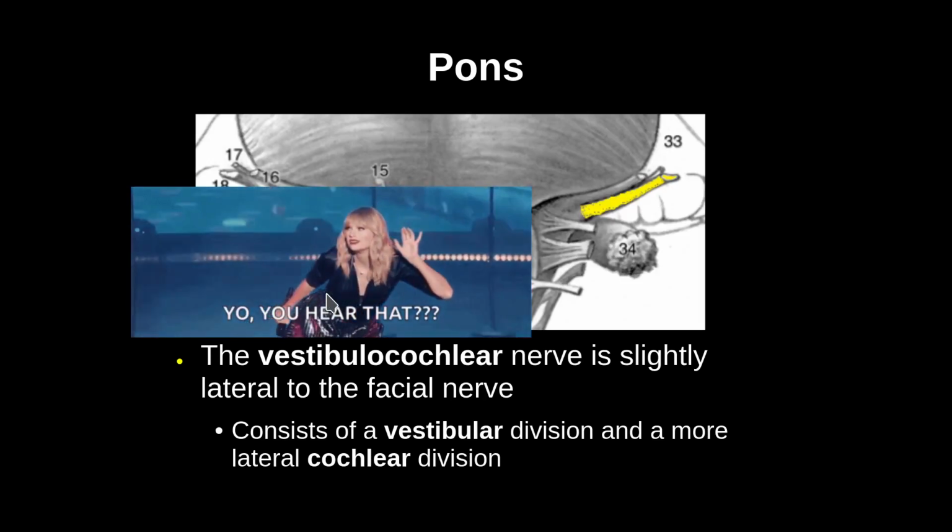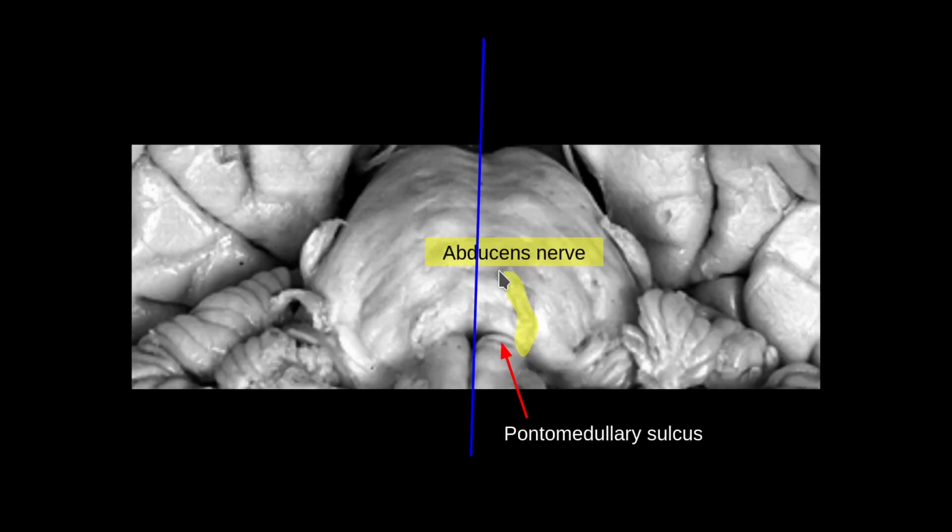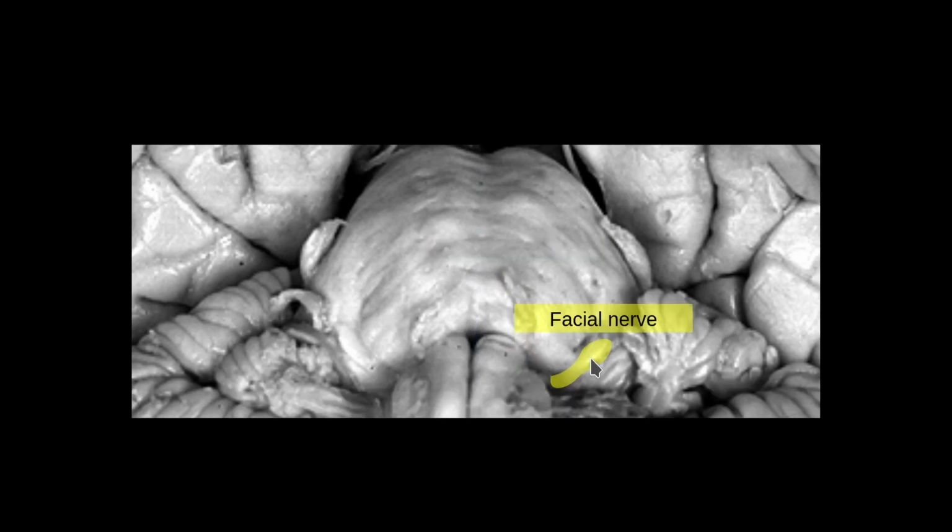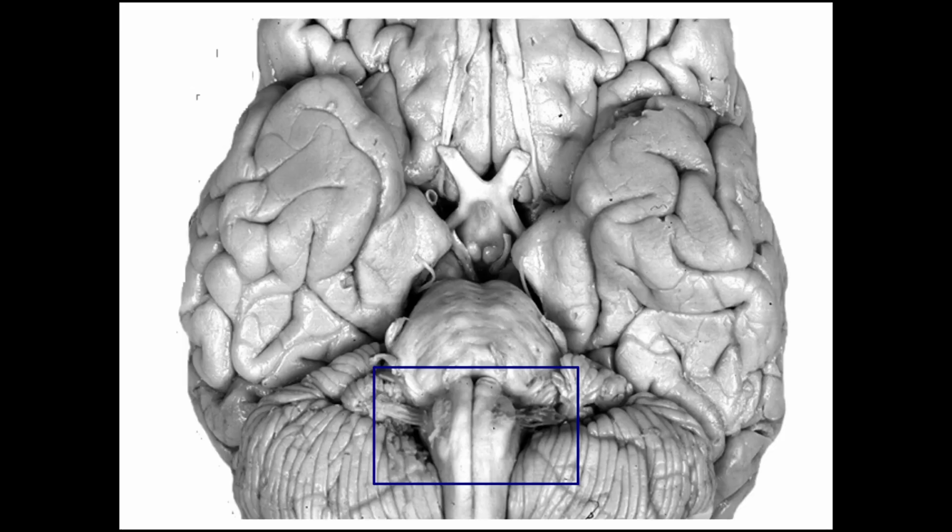So this is the fusion of two cranial nerves, a division for hearing and a division for balance. So that's the midline, that's your pontomedullary sulcus, that's the abducens, the facial nerve, lateral, and more lateral, the vestibulocochlear nerve. So just like that, we covered half of the cranial nerves already.